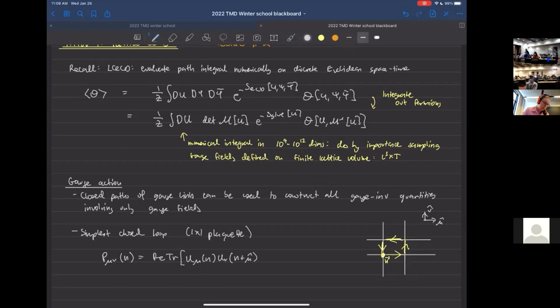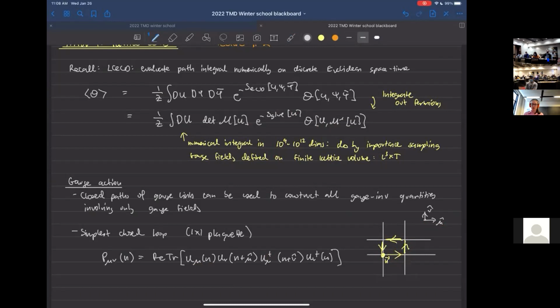Then we have this next link, so that's U mu dagger at n plus nu hat. So the dagger is of course making it go backwards that way instead of that way. And the last link, U nu dagger at n. Okay, so that's the product of links here.